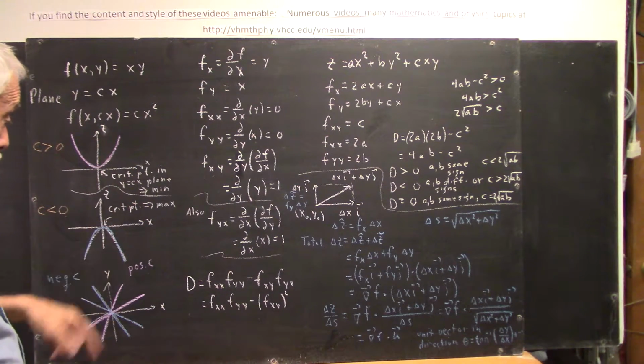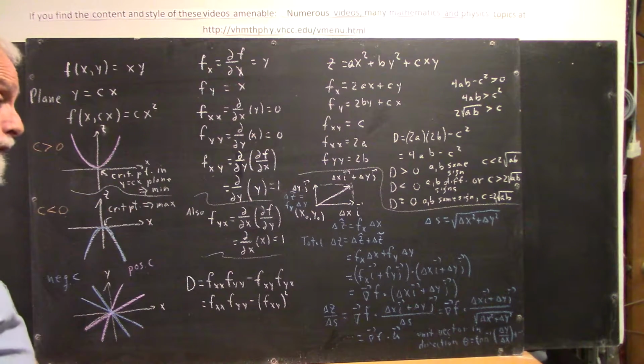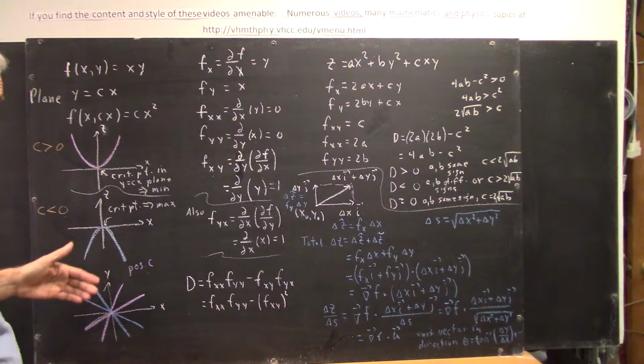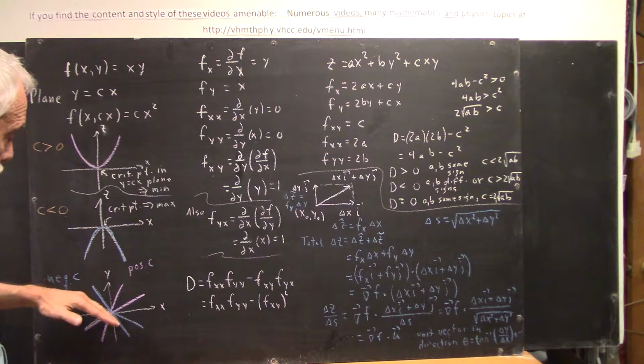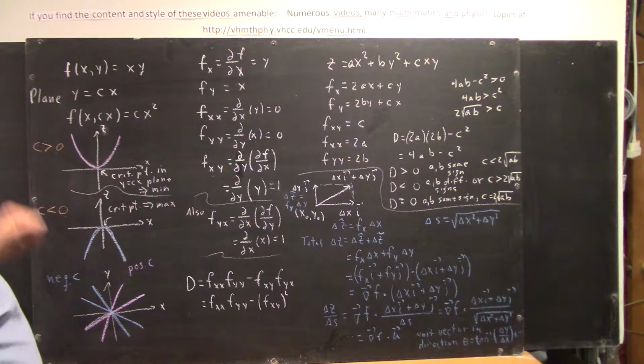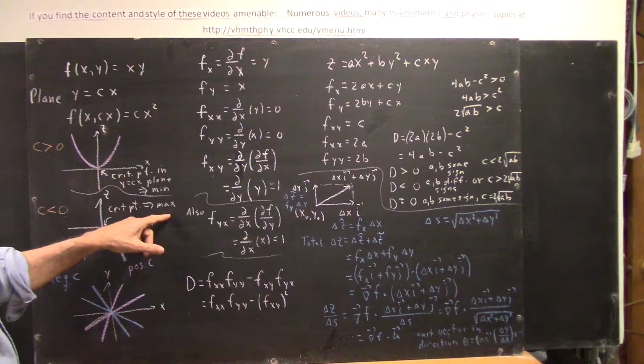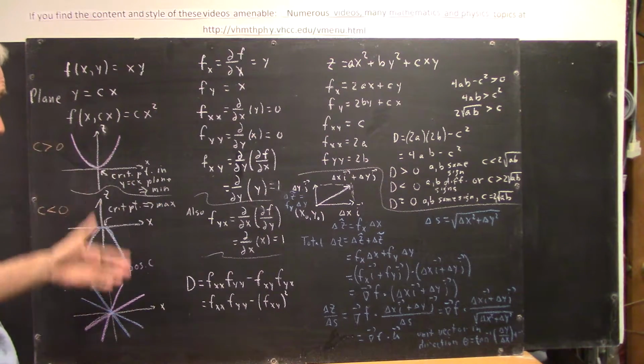It's going to look like this, and we're going to conclude that our critical point gives us a maximum. Now that's true in this plane. If this is one of these planes or any plane that corresponds to a negative slope, we're going to conclude that we have a critical point at the origin, and that critical point gives us a maximum. Within that plane, that's true.